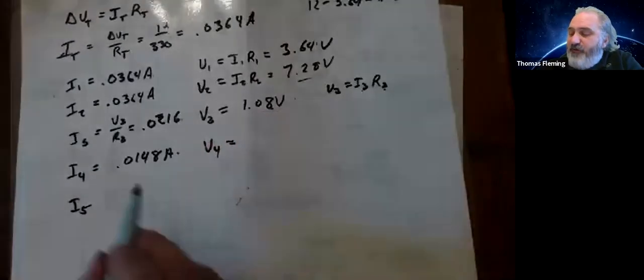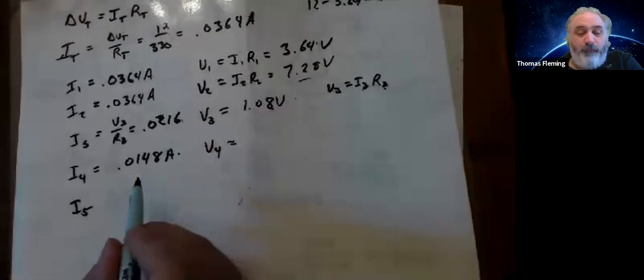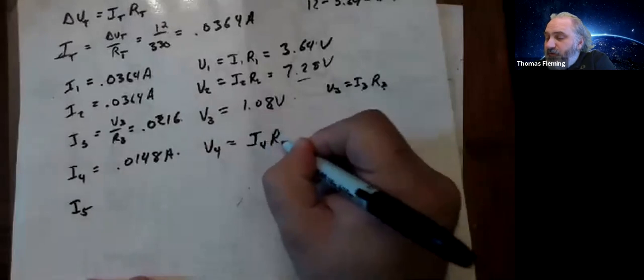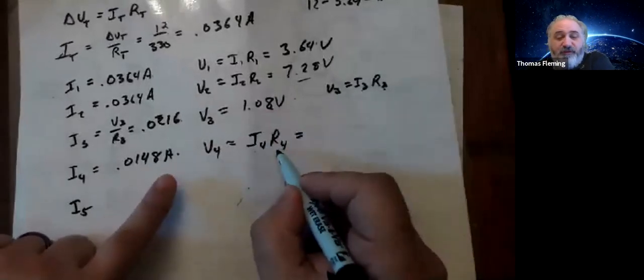Okay. Great. But wait a second. If I know I4 and I know R4, V4 should equal I4 times R4. That's this number times R4, which is 75.